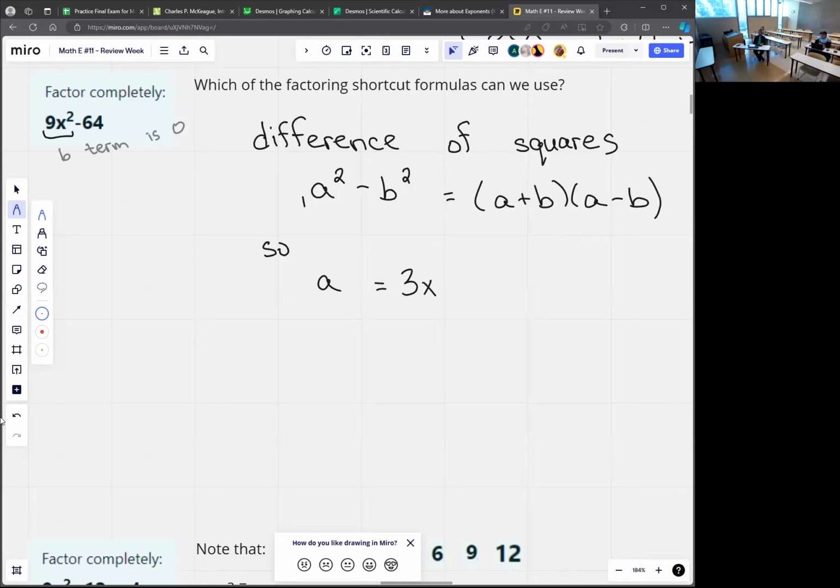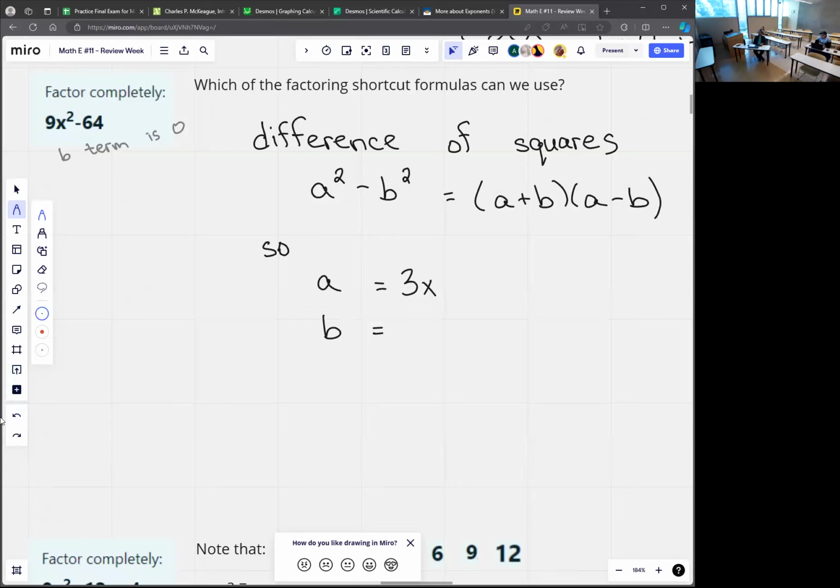So that's this a squared thing here. And then b. The minus sign doesn't count as part of the b, right? It's part of the formula. I just want some positive number that I multiply by itself and I get 64.